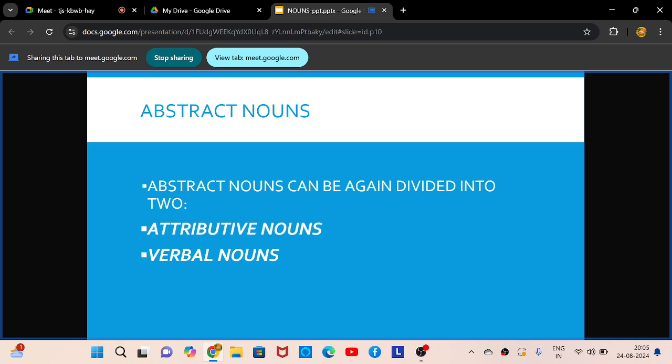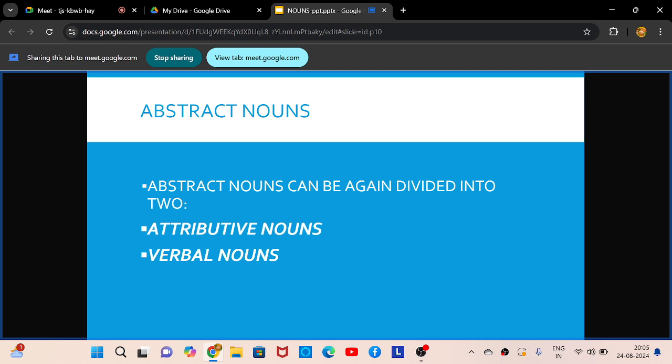Okay, അപ്പോൾ നമ്മൾ attributive nouns, verbal nouns എന്ന് നമ്മൾ abstract nounsനെ രണ്ടായിട്ട് ഡിവൈഡ് ചെയ്തിട്ടുണ്ട്. അത് എന്തുകൊണ്ടാണ് അങ്ങനെ രണ്ടായിട്ട് ഡിവൈഡ് ചെയ്തതെന്ന് വെച്ചാൽ attributive nouns are those that are formed from adjectives. Okay, and verbal nouns are those that are formed from verbs. അതായത് adjectivesൽ നിന്നും കിട്ടുന്ന abstract nounsനെ attributive nouns എന്നും verbsൽ നിന്നും കിട്ടുന്ന abstract nounsനെ verbal nouns എന്നും പറയുന്നു. ഇവരെല്ലാവരും എന്ത് തന്നെയാണ്? abstract nouns തന്നെയാണ്. All are together called abstract nouns.